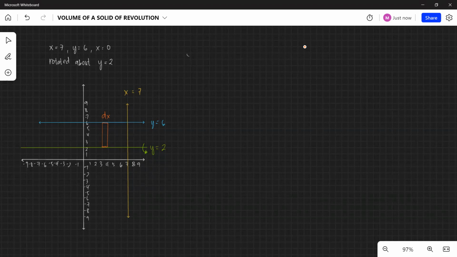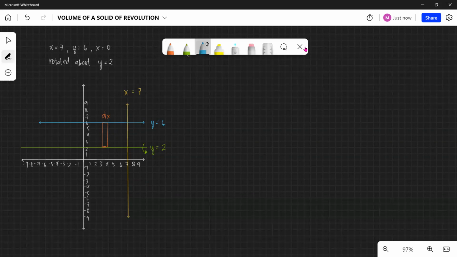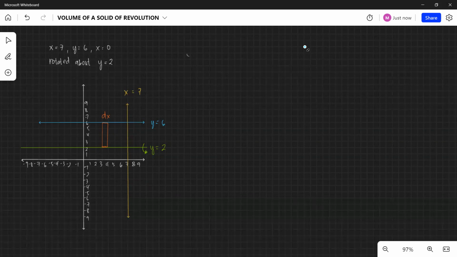So we can draw another line here below the x-axis to make sure it's parallel to y equals 6 above, so that we can make a nice solid of revolution.